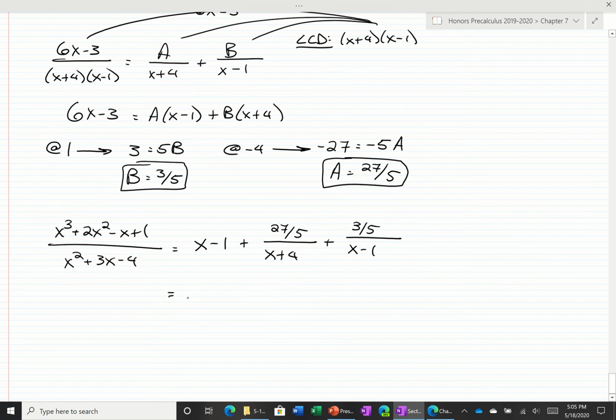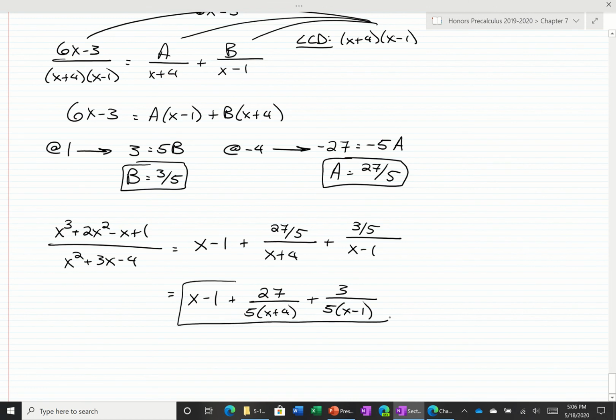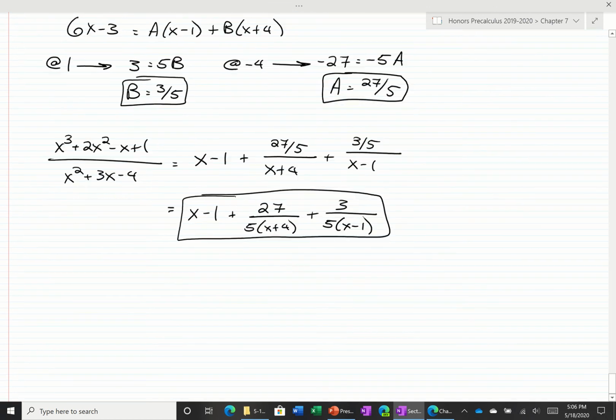And getting rid of these fractions within fractions, we'll get 27 over 5 times (x plus 4) plus 3 over 5 times (x minus 1). That would be the answer for the decomposition.